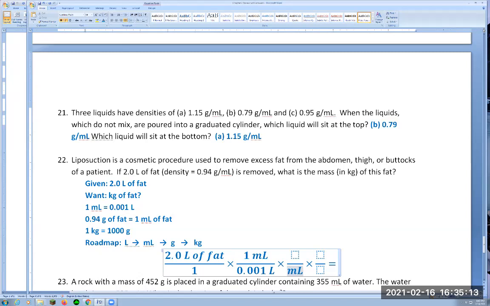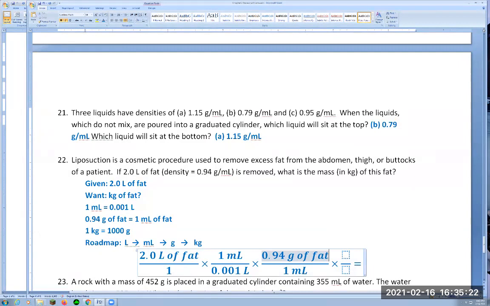And here it comes from the density that says you have 0.94 grams of fat per milliliter of fat. So this way the milliliters cancel, you're left with grams of fat. Next step, you want to change the grams of fat to kilograms. And so you will use the fact that 1 kilogram is 1,000 grams.